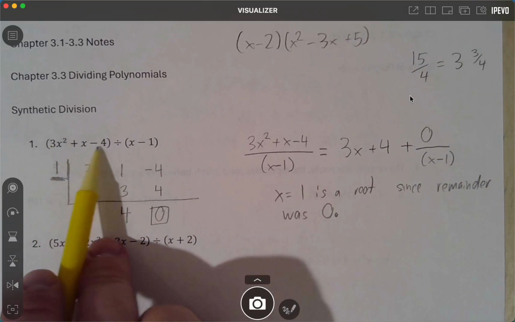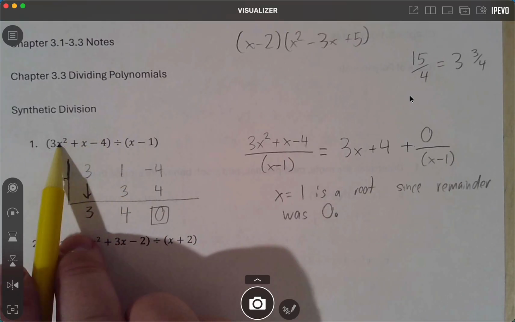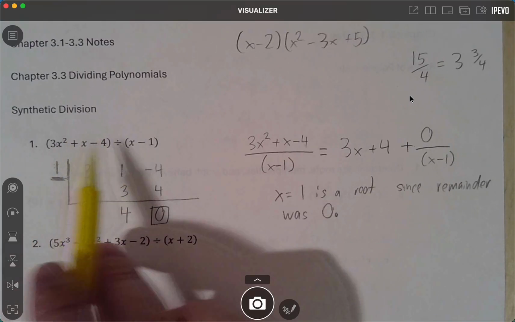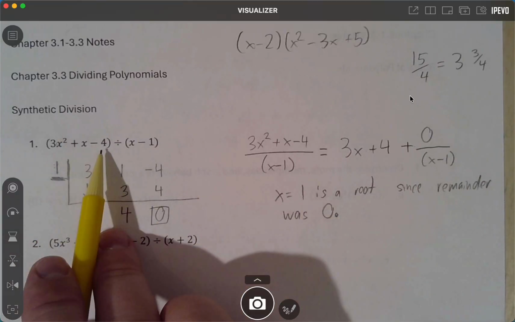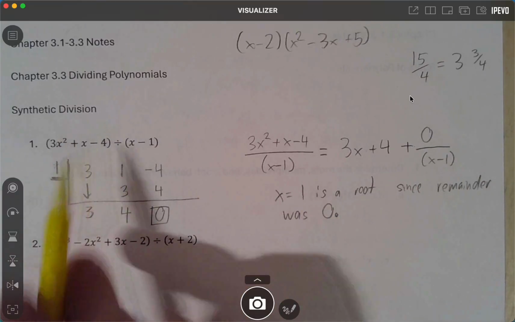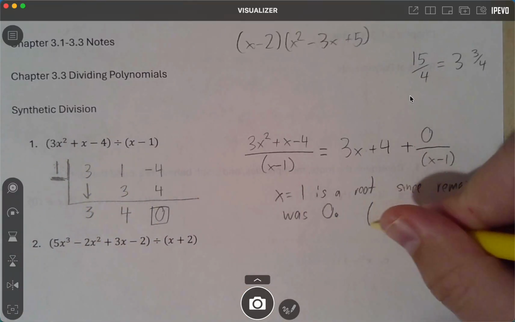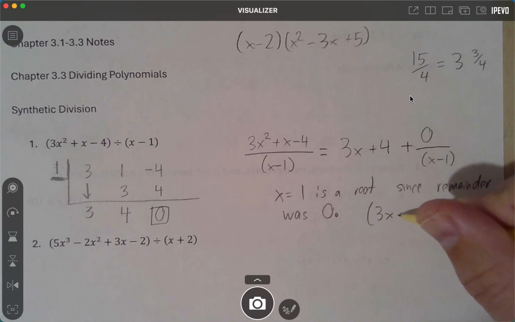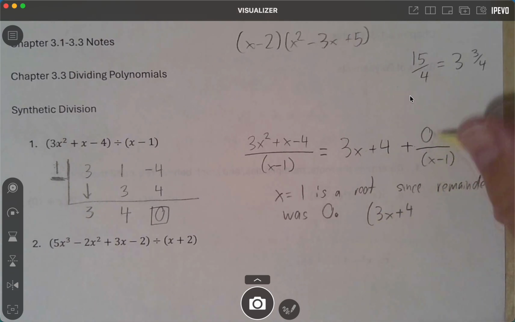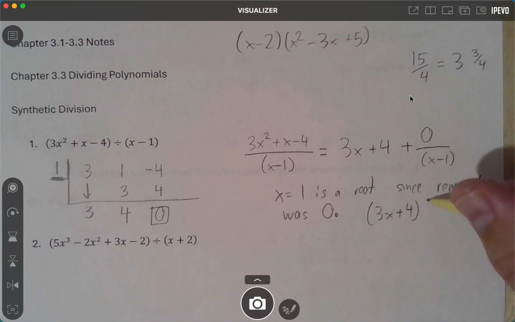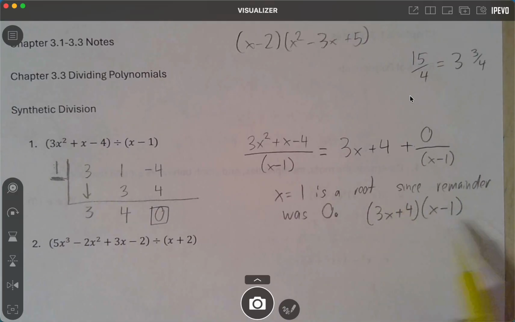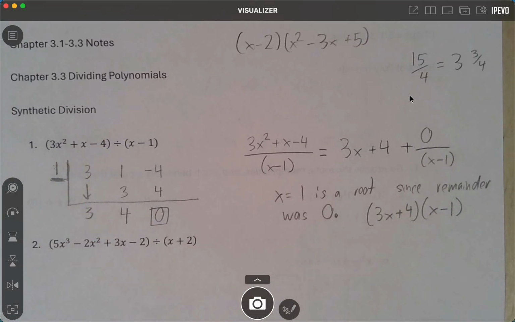It means this quadratic, it is a polynomial, but right now the highest degree is 2, so we could call it a quadratic. This quadratic evidently could have been factored by grouping, and I just figured out that because my remainder was 0, I know for a fact that this breaks down to 3x plus 4, x minus 1, and you should FOIL that back out and see that you get back to the original.